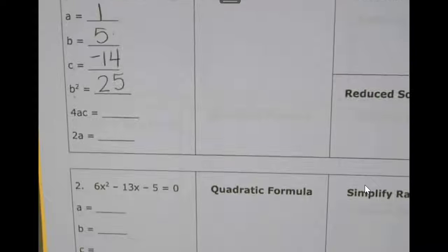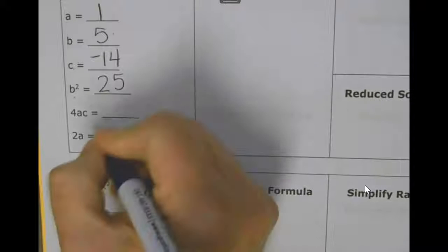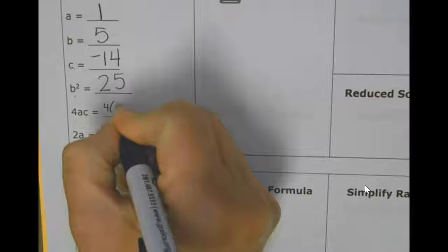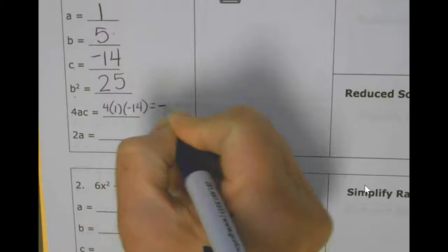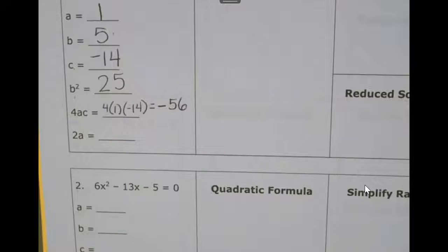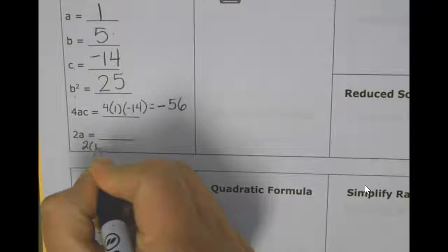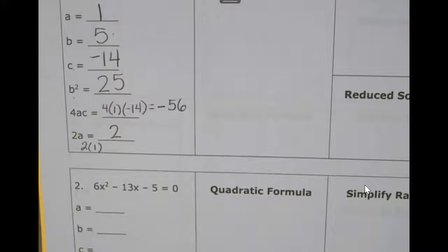The 4AC, the 4 is from the formula, so you multiply the 4 times the A times the C. 2A would be 2 times 1, just equal to the number 2. This little chart is just to help you get all of the pieces together so that you can fill in the formula easier.